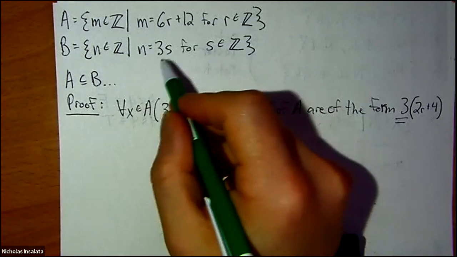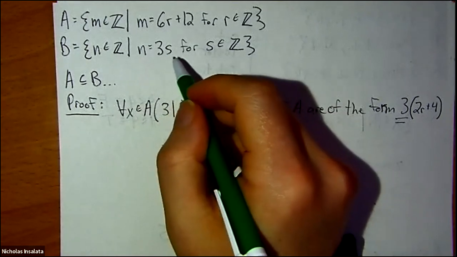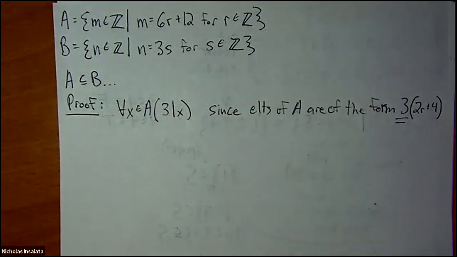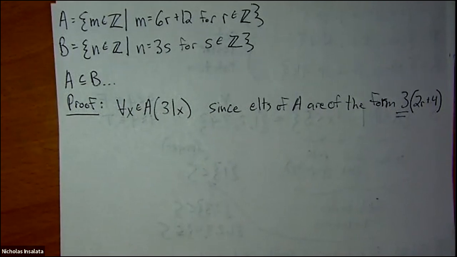Which is that you could take this little s right here, which is some arbitrary integer. You can say, hey, well, we can just set that to 2r plus 4 and find out whatever r is supposed to be, right? With a little bit of algebra. So we would say, Andrew, I like your way of saying it.